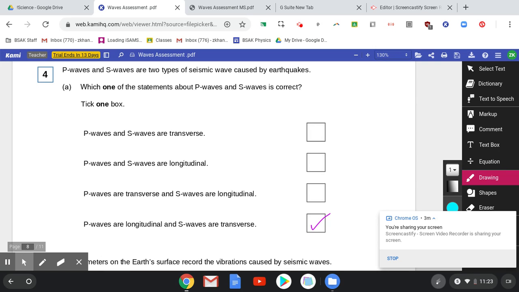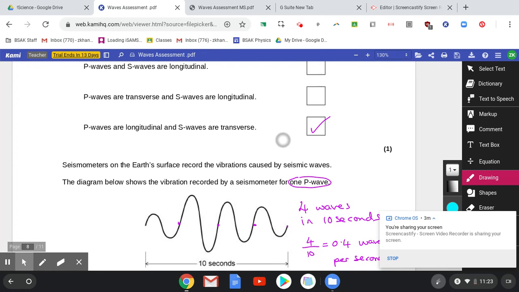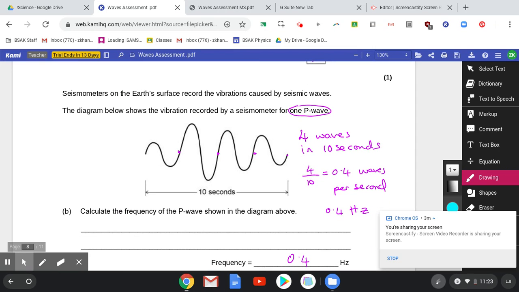Question 4, we are looking at seismic waves. P waves are longitudinal, S waves are transverse. The next question, we have got an envelope. Within this wave envelope of a P wave, we've got 1, 2, 3, 4 waves passing in 10 seconds.